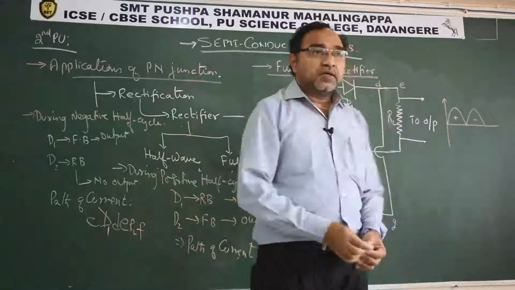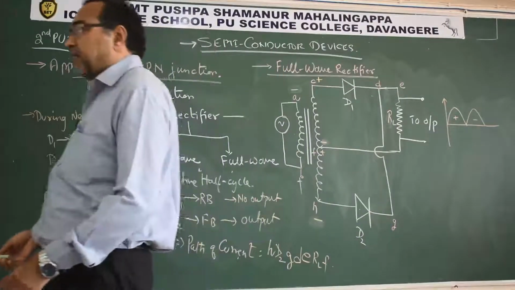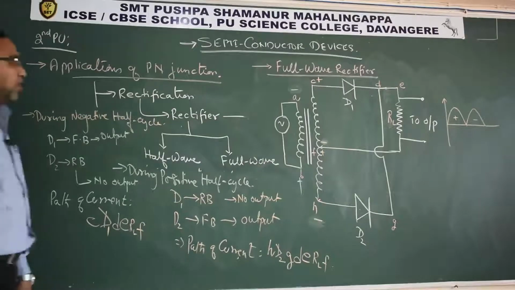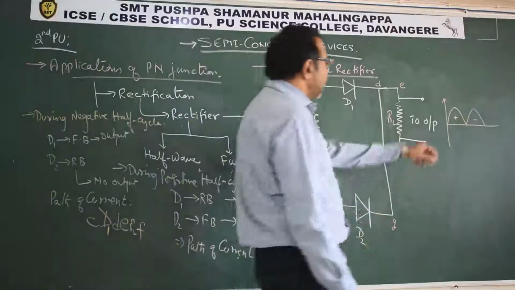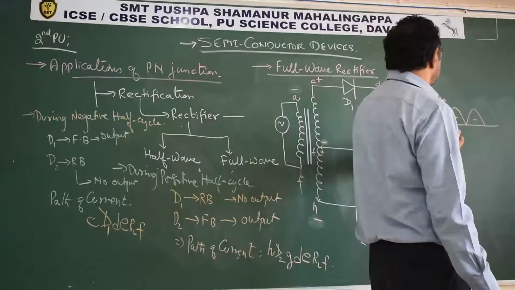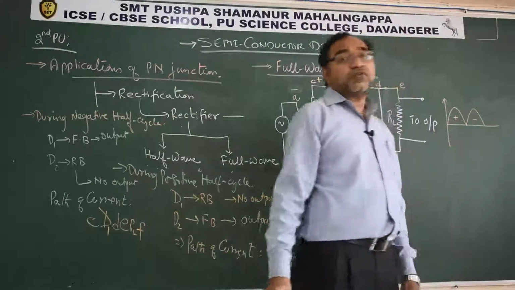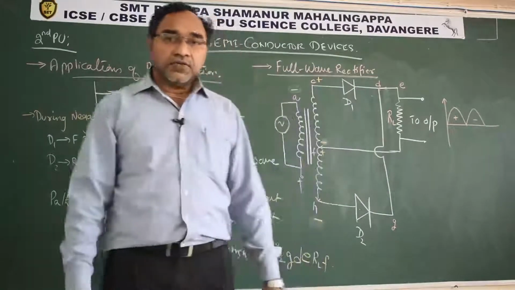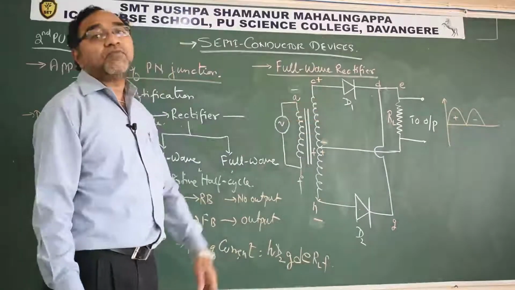So in both cases, whether it is the positive lobe or the negative lobe, there is output coming out in both situations. This is exactly what is full wave rectification.